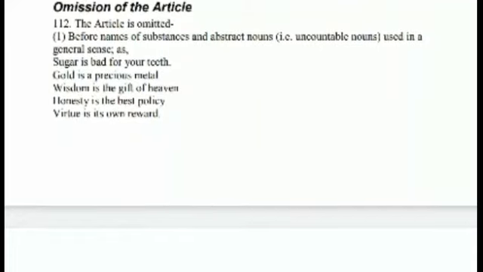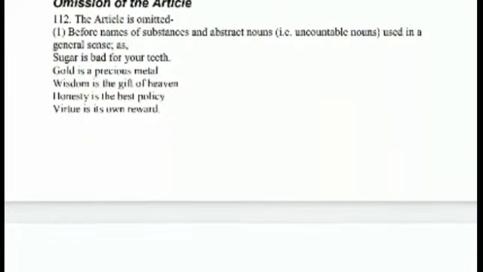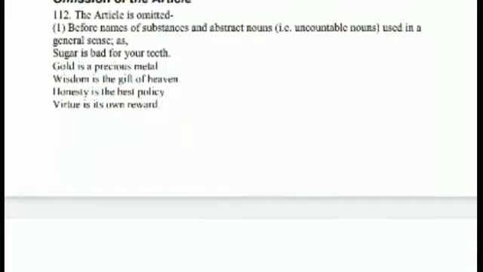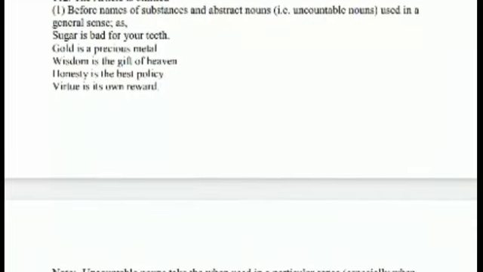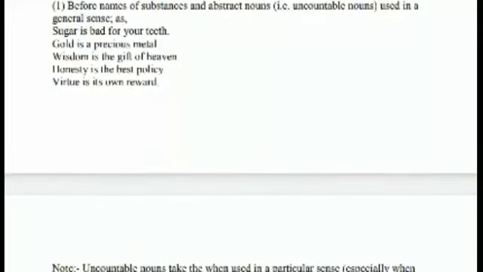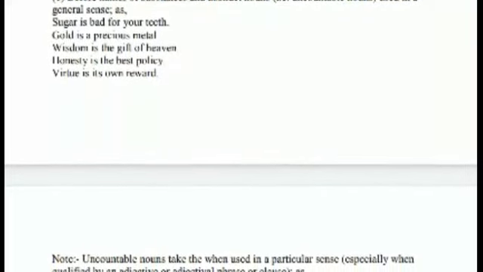Second one, here is a note. Uncountable nouns take the when used in a particular case, especially when qualified by an adjective, adjectival phrase or clause. Would you pass me the sugar?